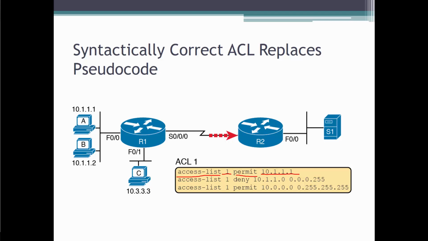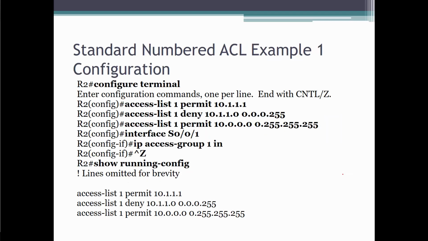But what else do we have to do? Again, the order matters, line by line. So here's our ACL. We then have to apply it, access-list 1. We apply it by going to the interface we want and typing ip access-group, the number.